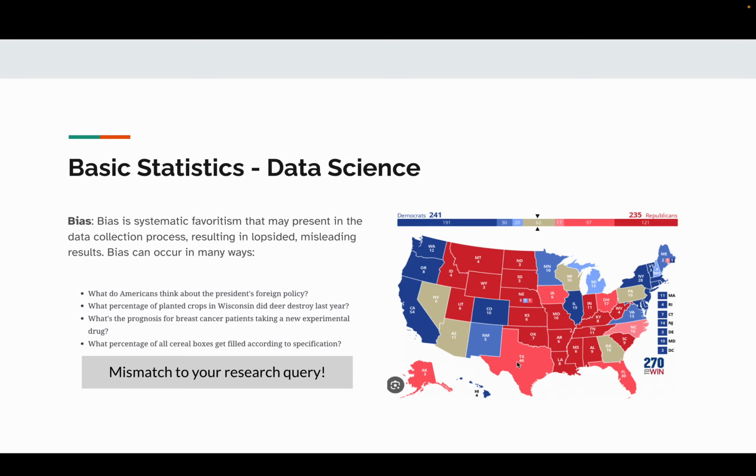What will that lead to? Our results will suggest that the American election will go towards the Republicans. You can also take an example the other way. For example, you only took samples from California, so you'd have more biased results towards the Democrats, right?